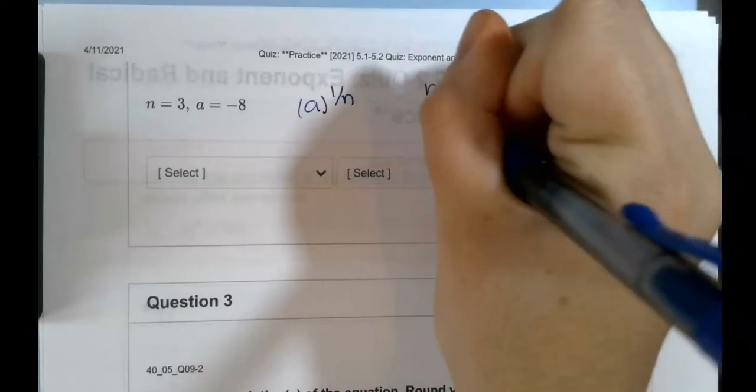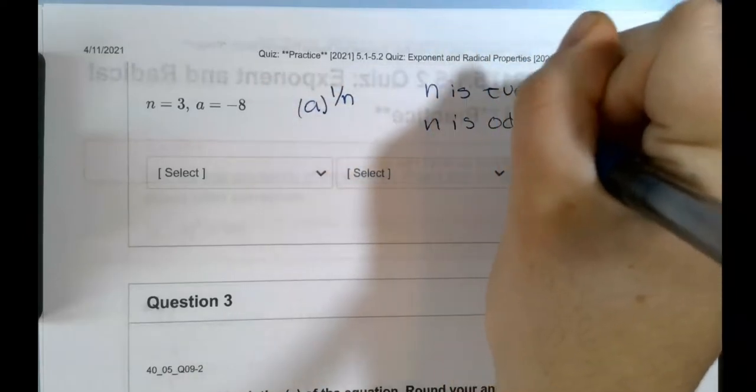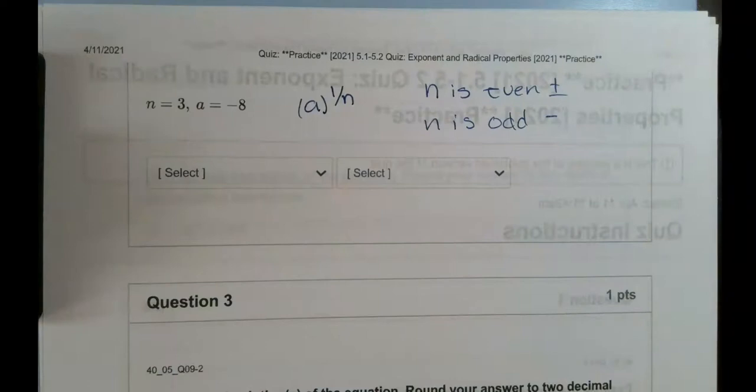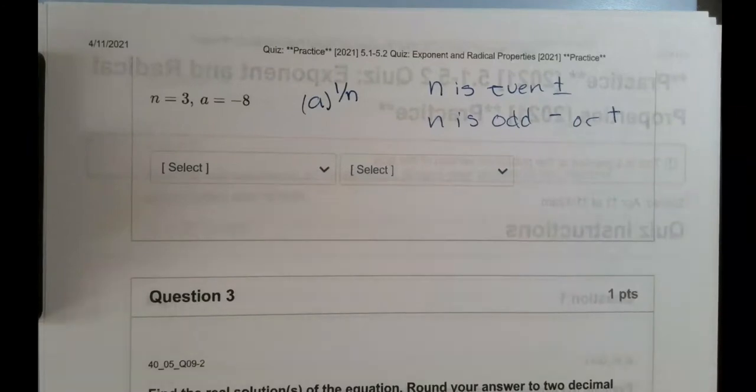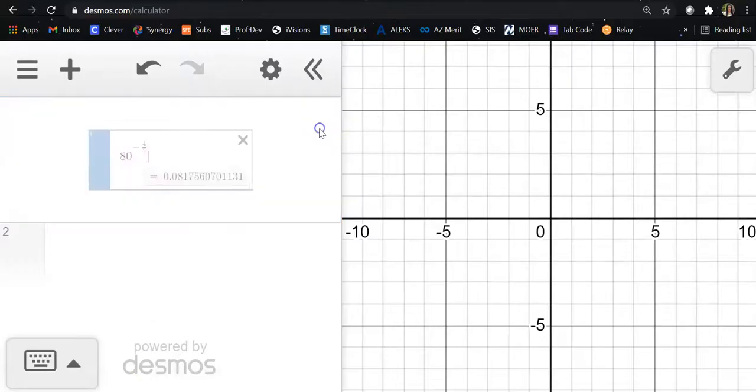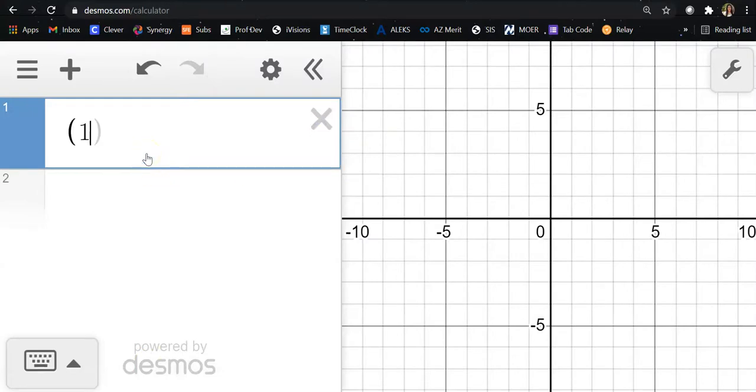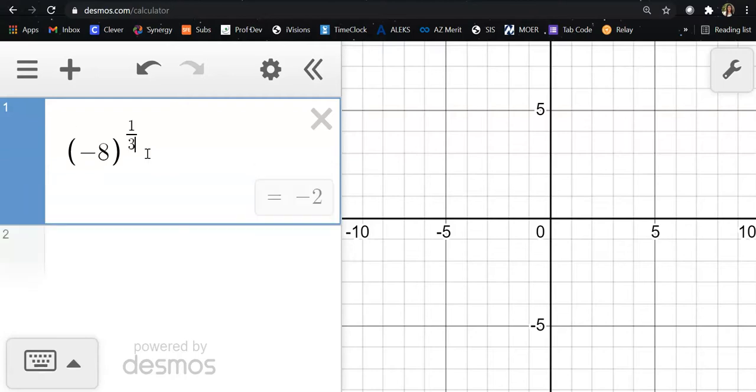If n is odd, it's just negative. So n is odd, or positive, depending on what I have. I'm going to type this in. I have -8 to the 1 over 3, which just gets me -2.